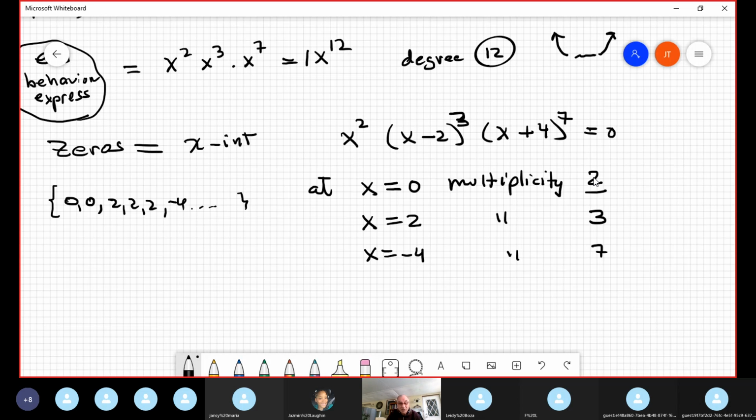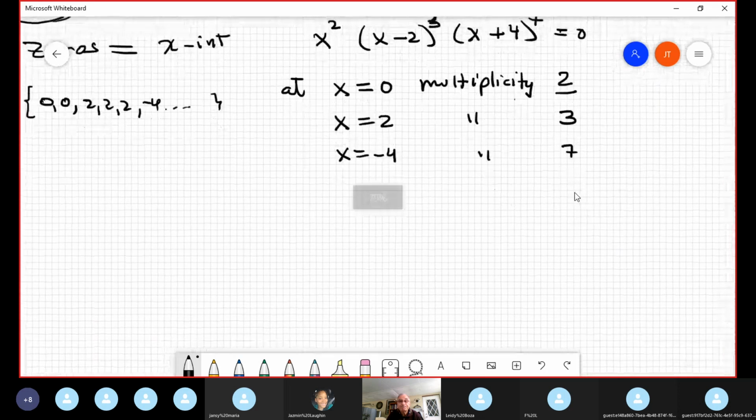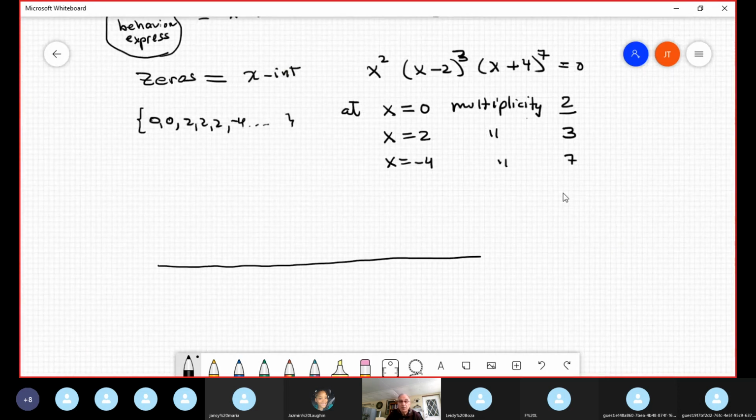And what is important? Understand the multiplicity. It's important because of the graph of the polynomial. When you are doing the graph, look, we have 0, this is the x-axis. We have positive 1, 2, and we have negative 1, negative 2, negative 3, negative 4.